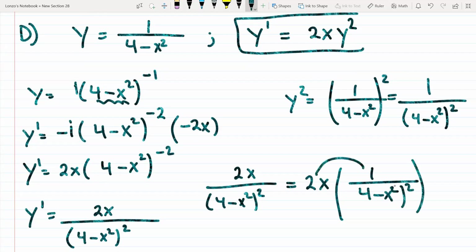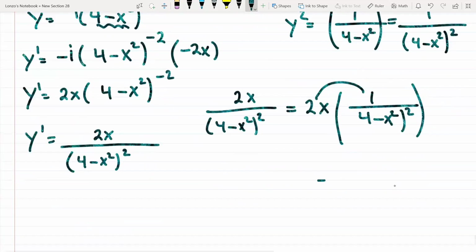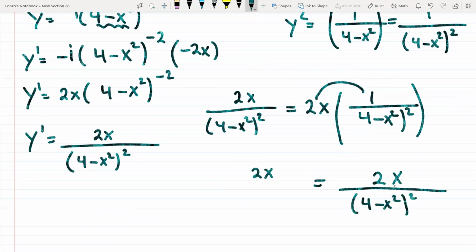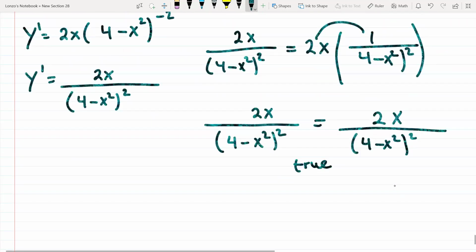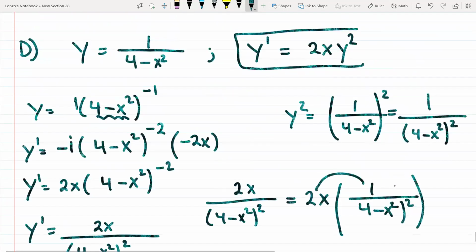So 1 times 2x is 2x over 4 minus x squared, squared. Does this make it true? Yes. Okay, so that is the answer for letter D.